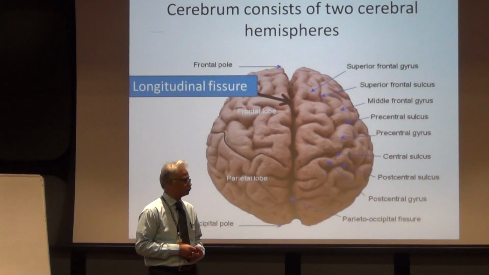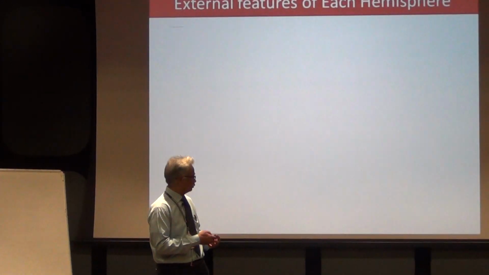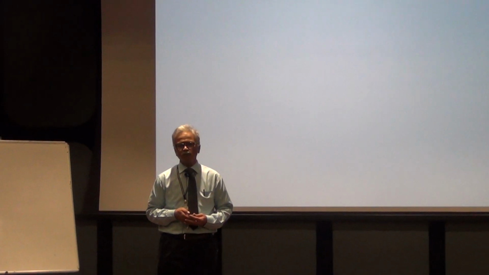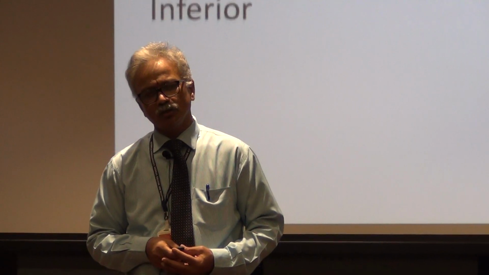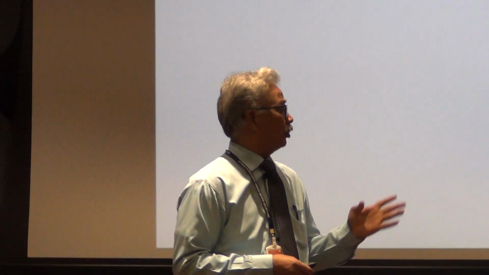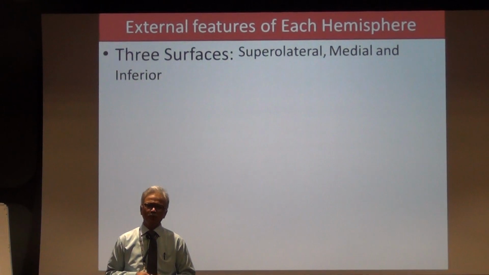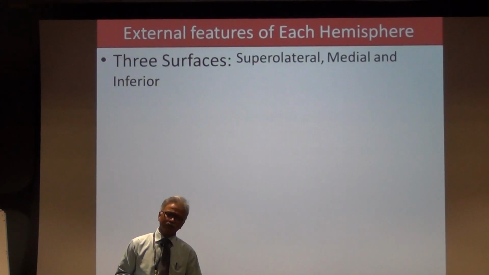The external features of the cerebral hemisphere consist of three surfaces. They are superolateral, medial and inferior surfaces.